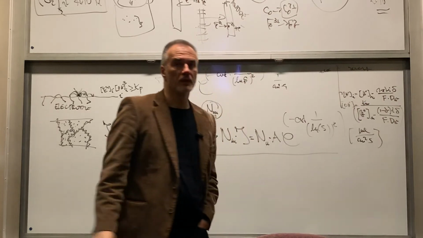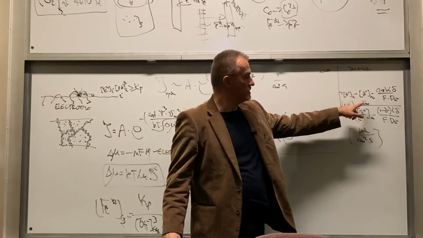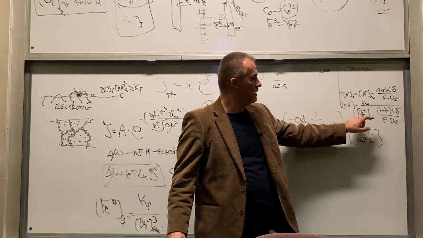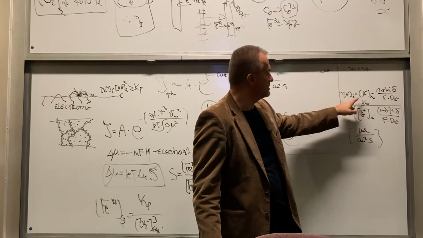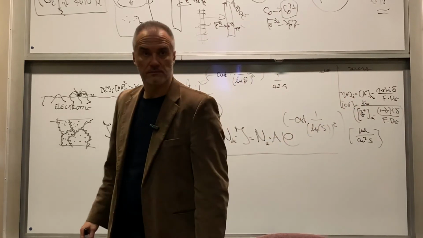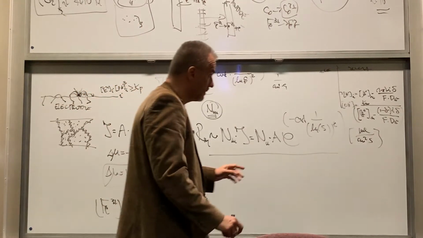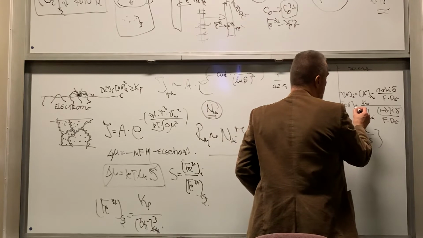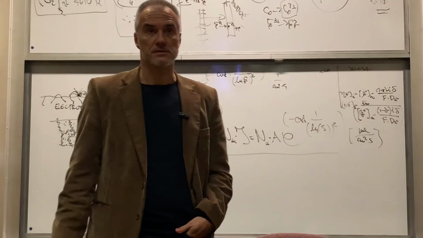Because we use the ionic product of water, and we just divide that by the concentration of hydrogen at the interface, which is this term here, and we get the OH minus at the interface. So now I know what this OH minus at the interface is.